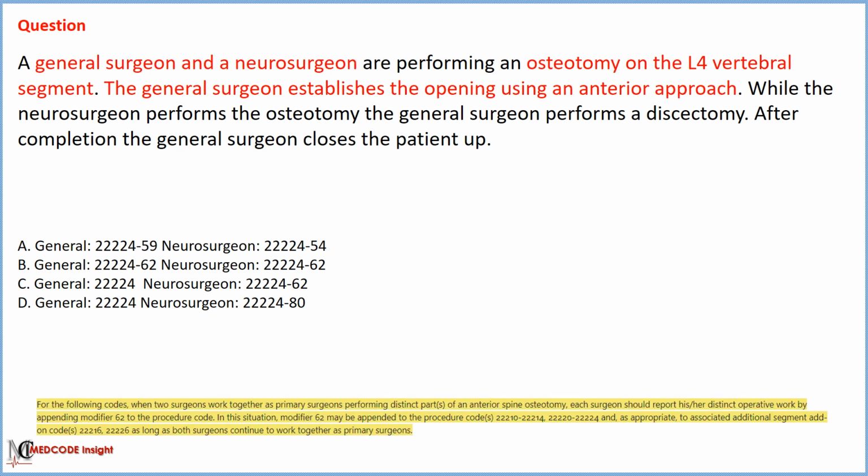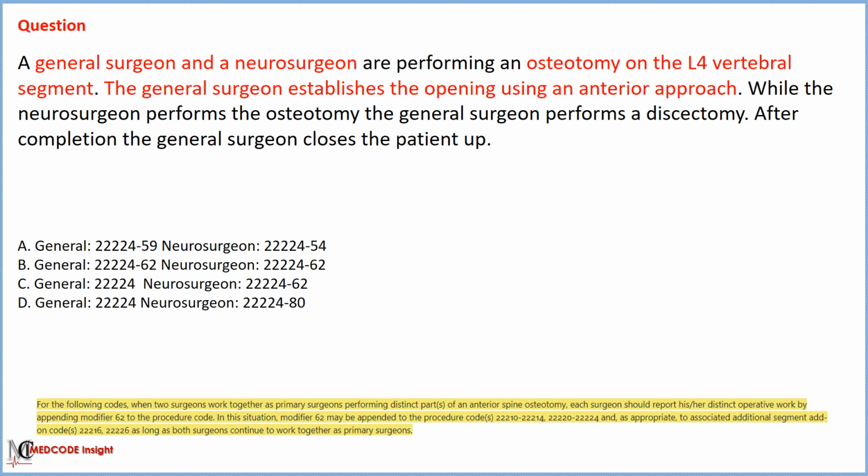In the given scenario, two surgeons work together as primary surgeons performing distinct parts of the osteotomy procedure. According to the osteotomy guidelines, when two surgeons work together as primary surgeons performing distinct parts of the anterior spine osteotomy, each surgeon should report their distinct operative work by appending modifier 62 to the procedure code.